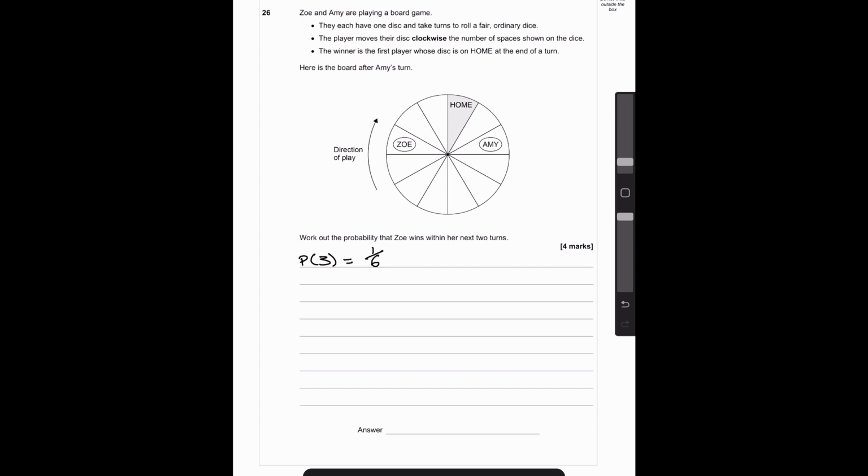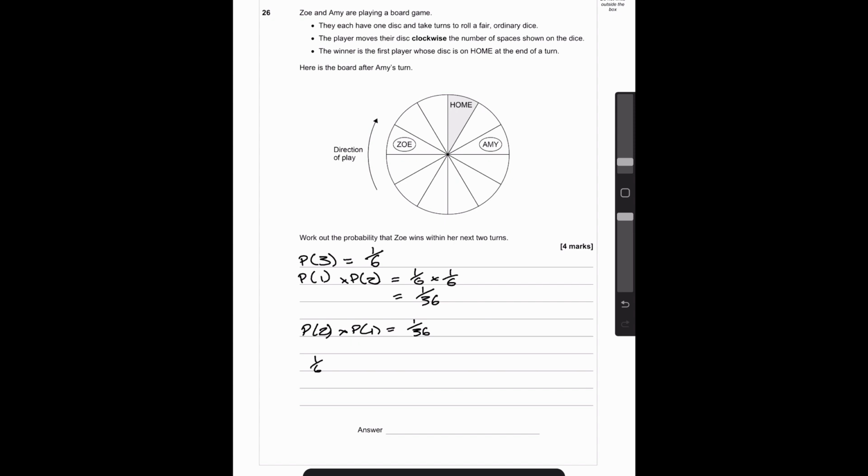If Zoe doesn't roll a 3 on her first turn, she can roll a 1 or a 2. The probability that she rolls a 1 is 1/6, and the probability she rolls a 2 is 1/6, which gives just 1 out of 36. Or she can roll a 2 followed by a 1, which is also 1 out of 36. Now all we need to do is add these probabilities together.